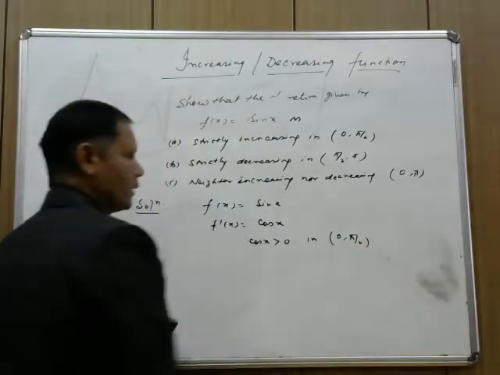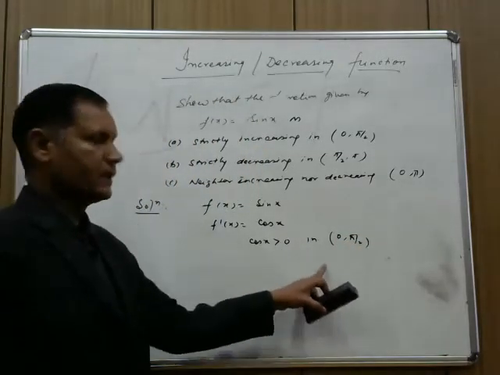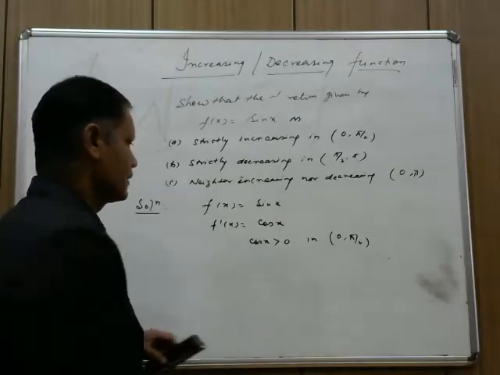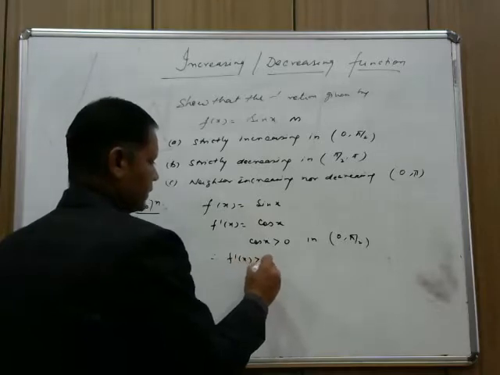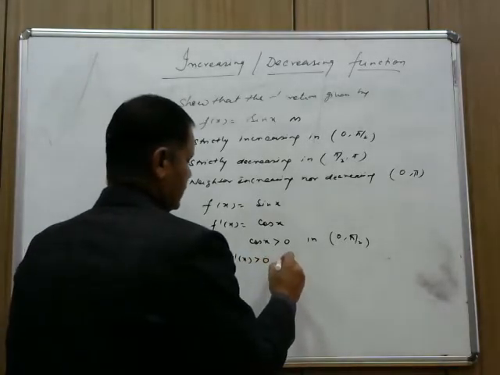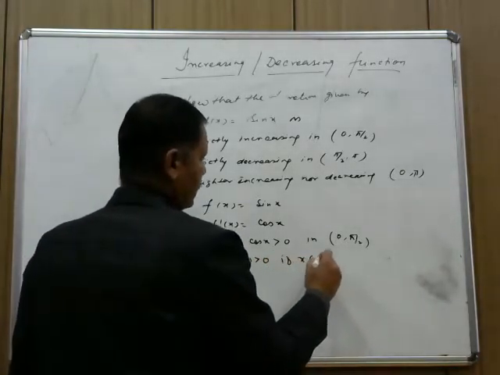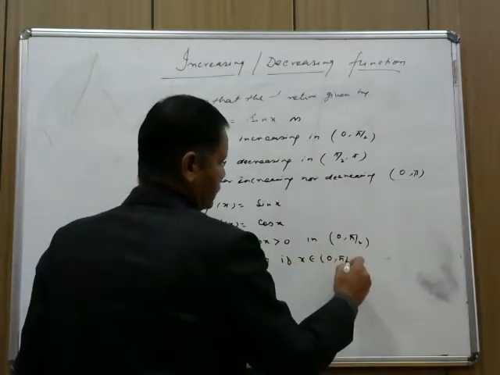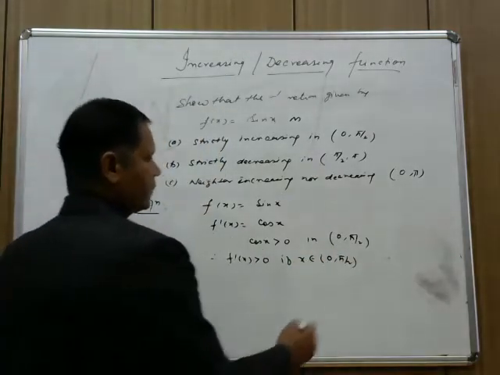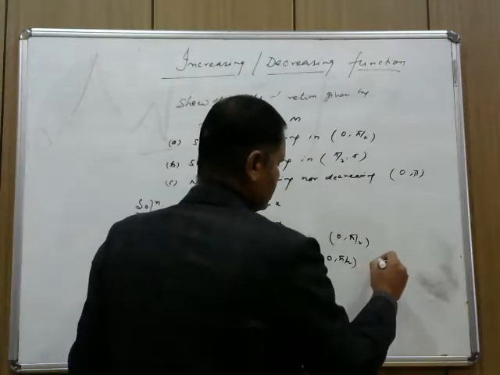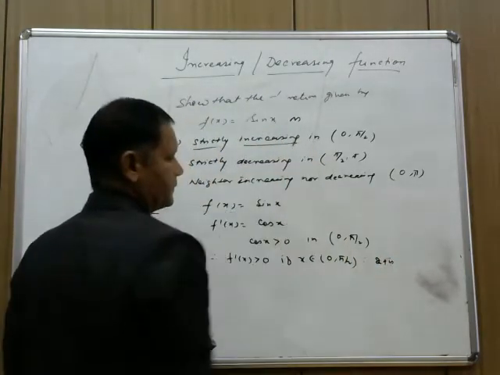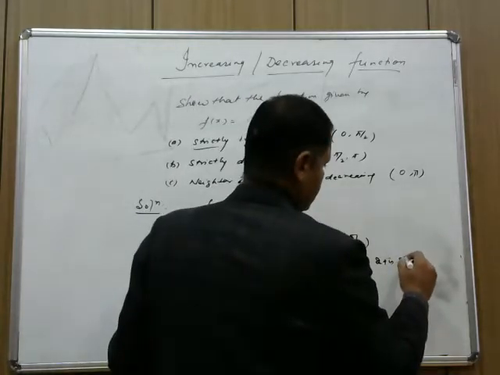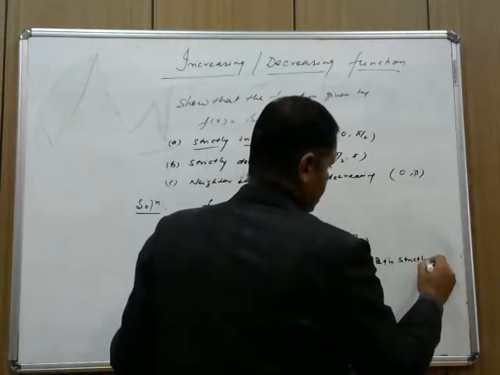That is, in the first quadrant, cos x is positive, that means f dash of x is greater than 0 if x belongs to the first quadrant 0 to pi by 2, and therefore it is strictly increasing.